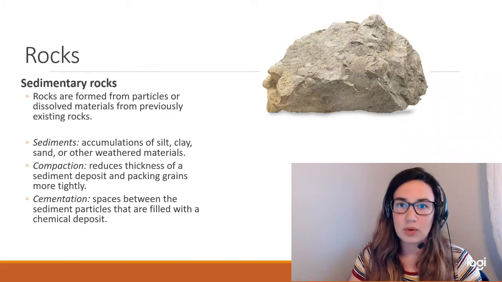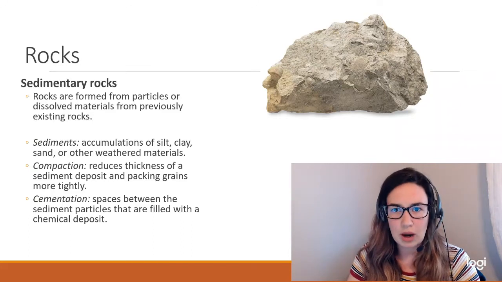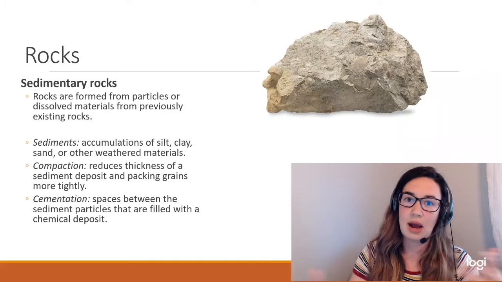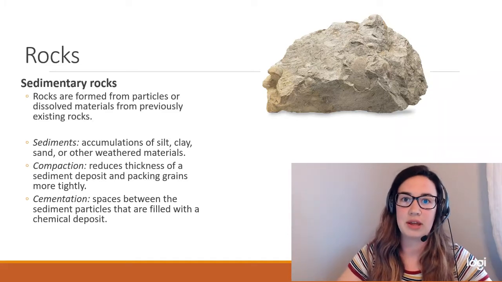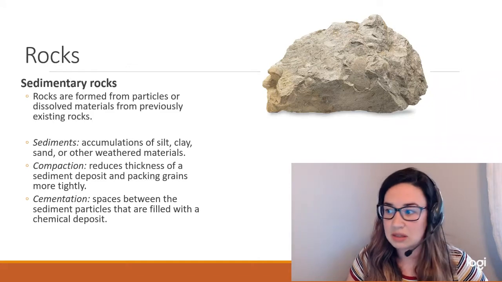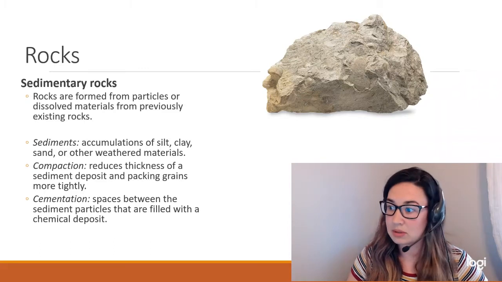If you think about cementation in general, if you have big cobble rocks and you pour cement onto the cobble rocks, it will fill in all those spaces and then cement it into place. And so if you see a sedimentary rock, it would probably have smaller grains that are cemented in by some sort of very homogeneous looking chemical substance.